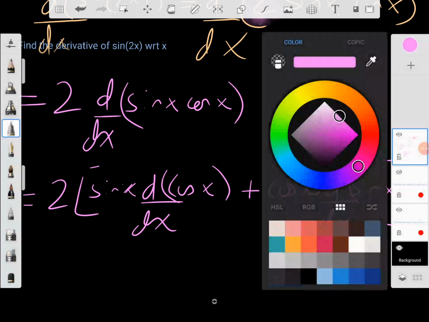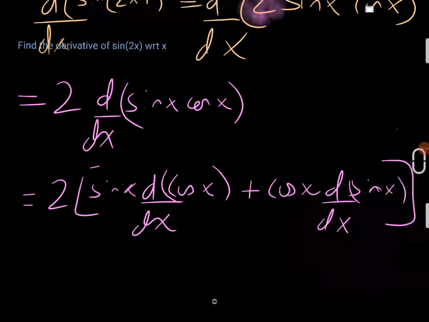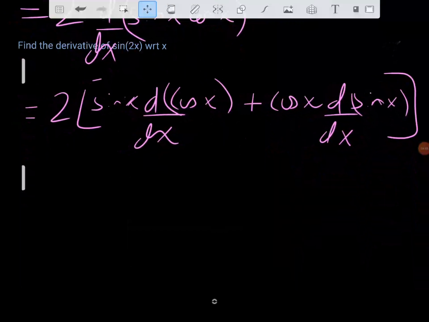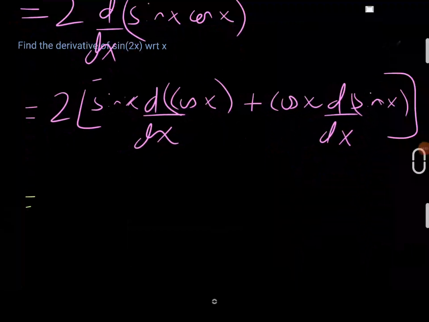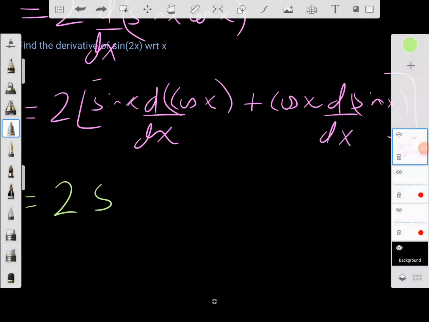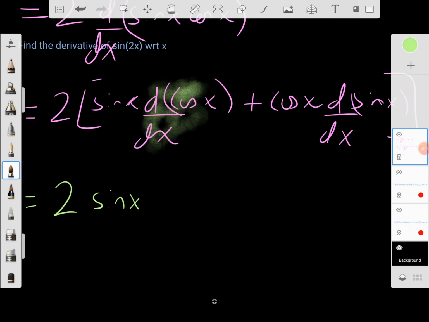Okay, now what happens? Let us see. Now this is equal to 2 into sin x, and by the way, in the homework you would have understood that the differential of cos x is minus sin x. So this will be 2 sin x into minus sin x, plus cos x.